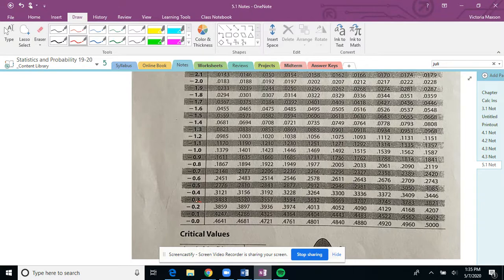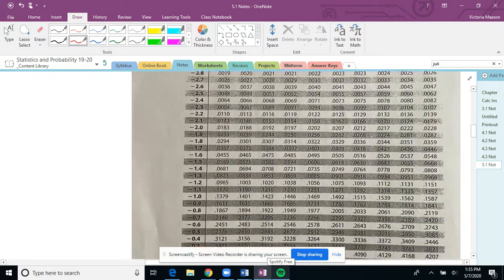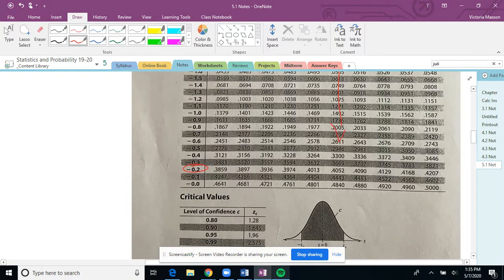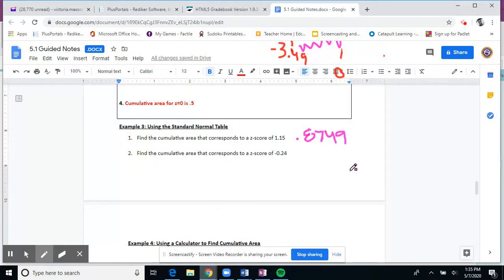And then we want 4 at the top, so 0.04. When we go down this row, all the way down to here, we get 0.4052. So 0.4052 would be our answer for that.